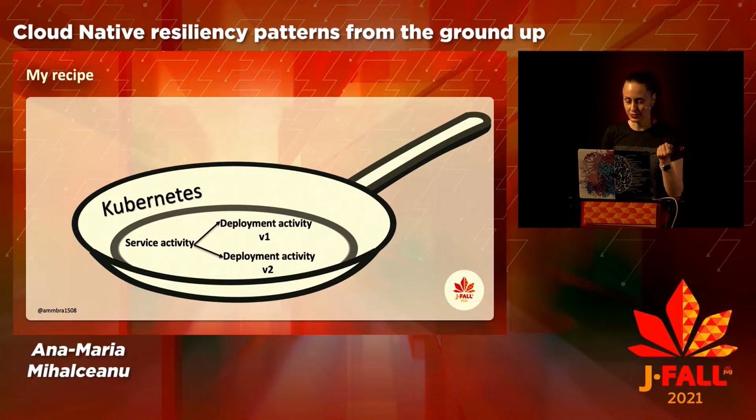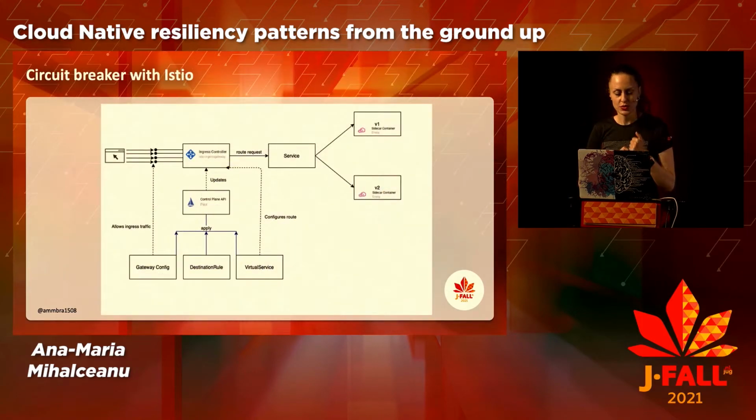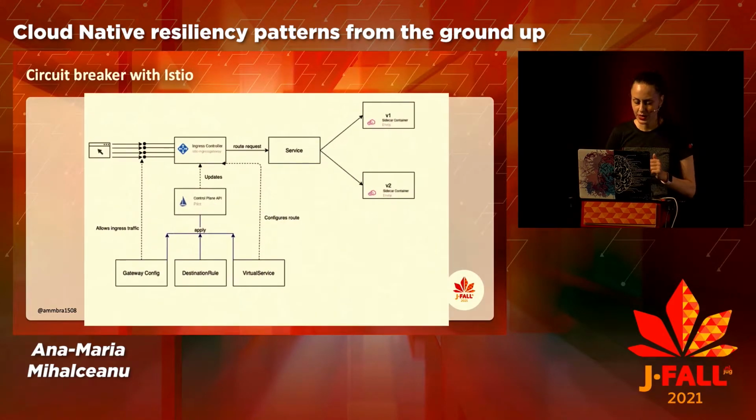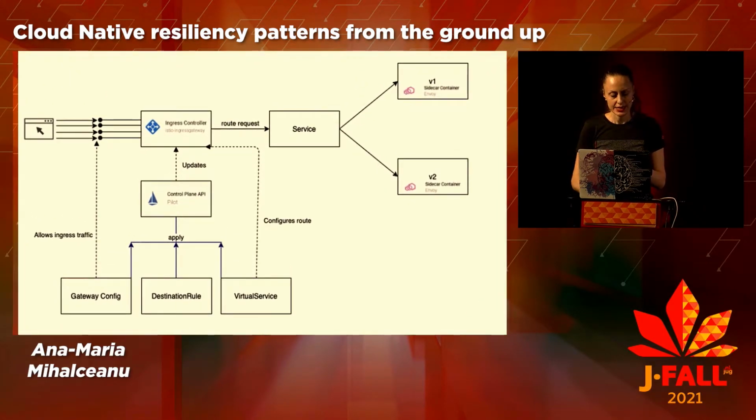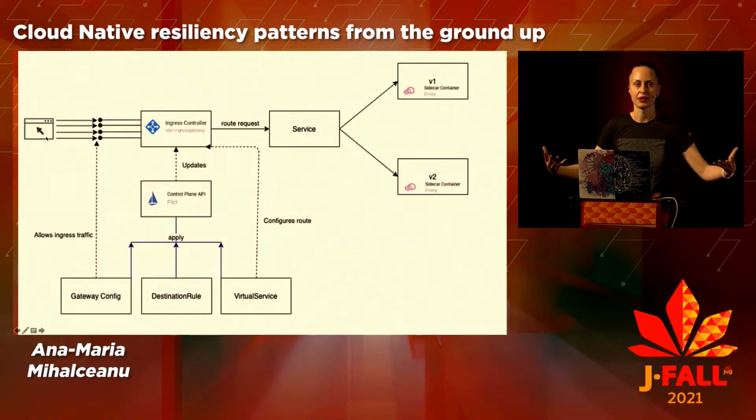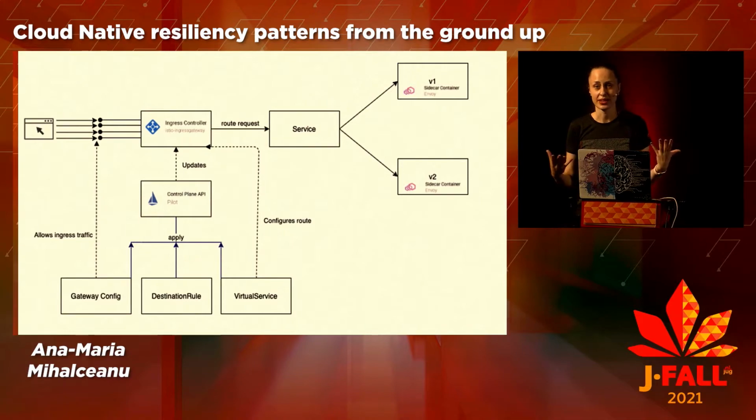But to add some resilience, I added Istio, because Istio also comes with its own circuit breaker. And we're going to use that. So circuit breaker with Istio means that somebody requests something from your app, and that is done in a browser or in mobile or wherever. But that is done typically via a host name or via something nicer than an IP, right?